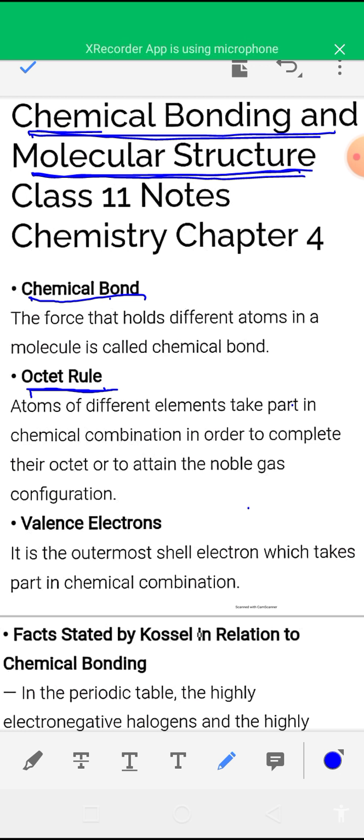So atoms of different elements take part in chemical combination in order to complete their octet or to attain the noble gas configuration. This is the reason why elements form chemical bonds.